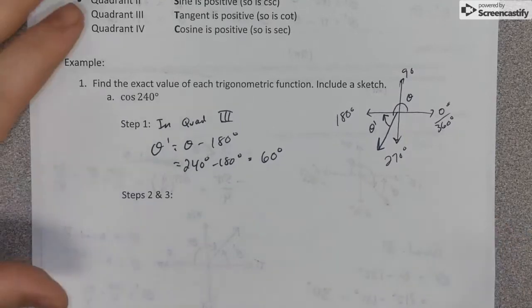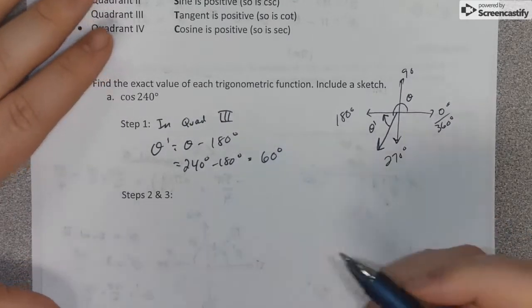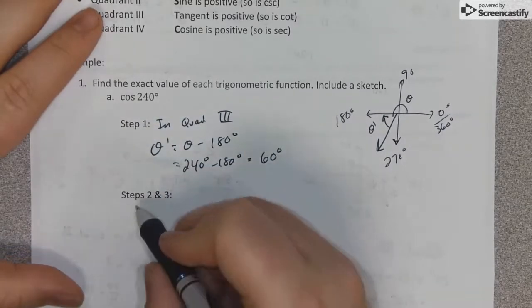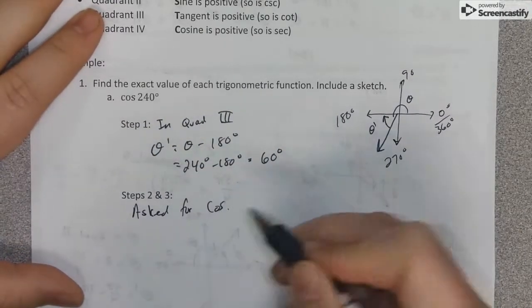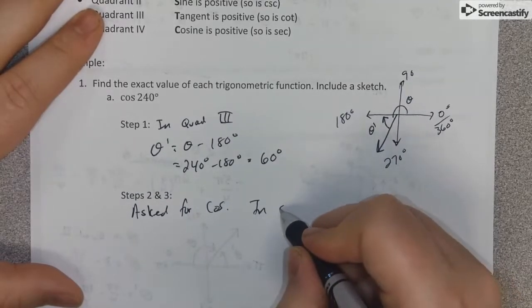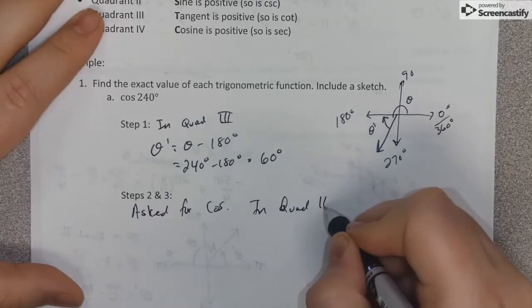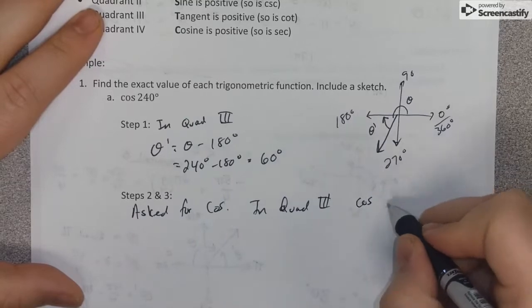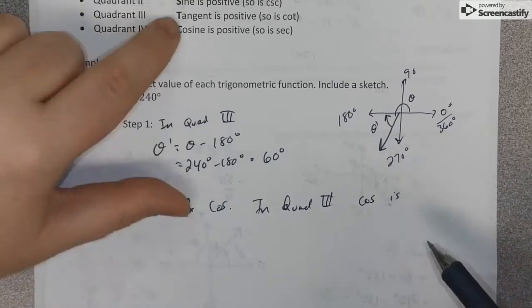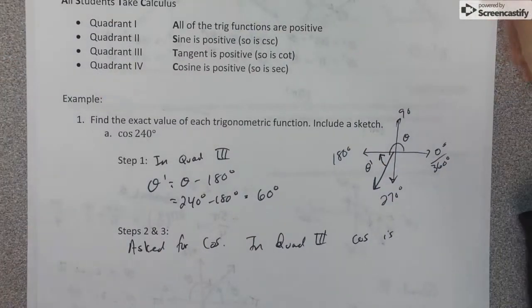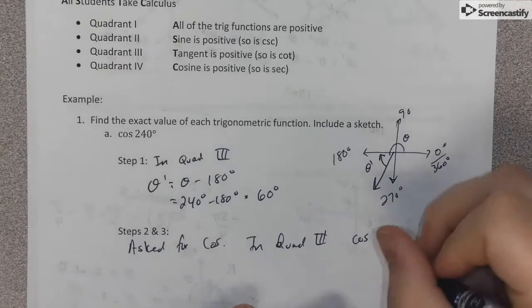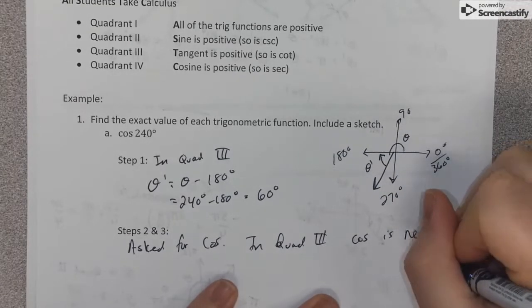So the last part, so I know they asked me for cosine. So in quadrant 3, cosine is, so let's see, is cosine positive? Nope. In quadrant 3, if we use our mnemonic, all students take, so in quadrant 3, only tangent is positive, so cosine is negative.